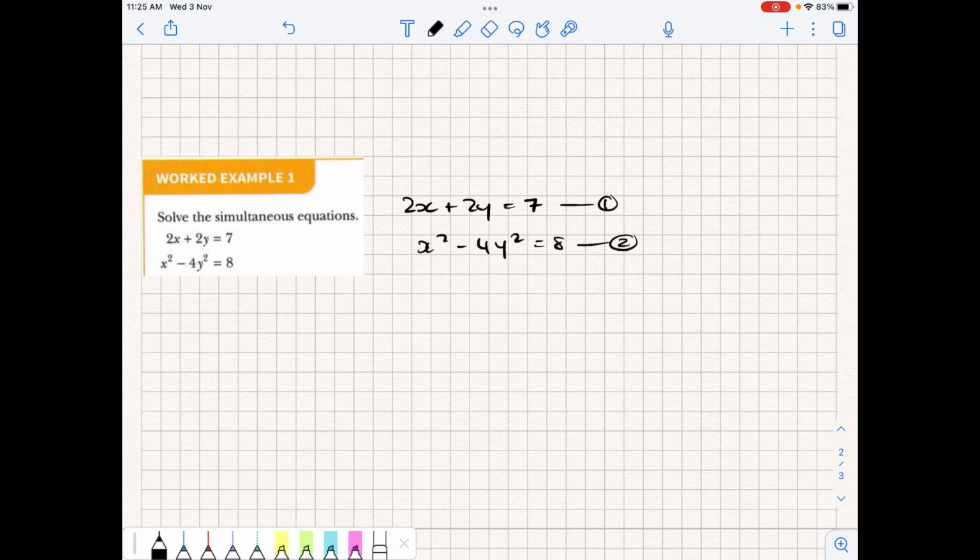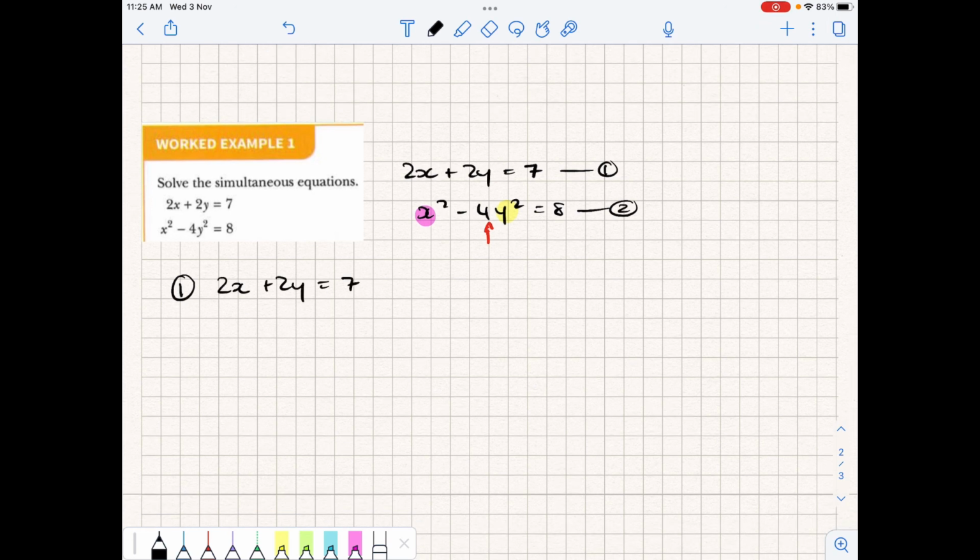Now, if I substitute something in place of x, I will have x squared. And if I substitute something in for y, I'll have y squared multiplied by 4. So I can see it's going to be easier to solve for x and substitute for x, because then I don't have to also deal with multiplying by 4. So I'm going to say from equation 1, we have 2x plus 2y equal to 7.